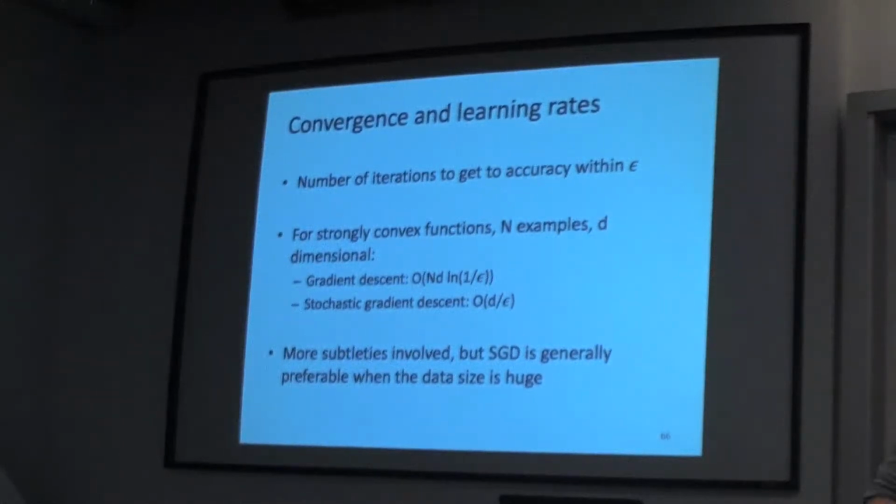Now, just to mention a few results to show why stochastic gradient descent, or stochastic learning, is more favorable on a large data set.